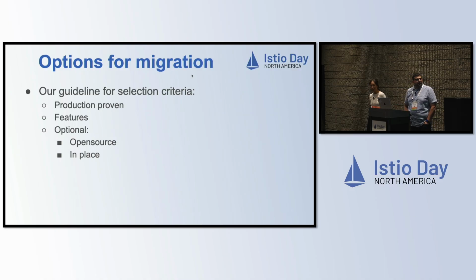So after the deprecation announcement by AWS, we tried to set some guidelines for the selection criteria of the new solution. We decided that the new solution should have a very large user base, be production proven, and not be controlled by a single enterprise.